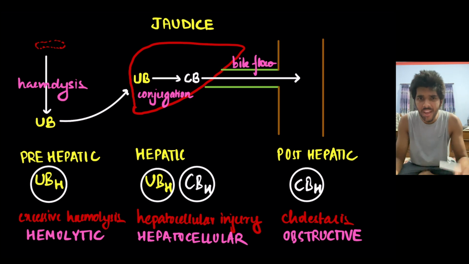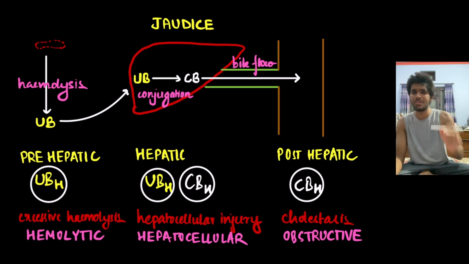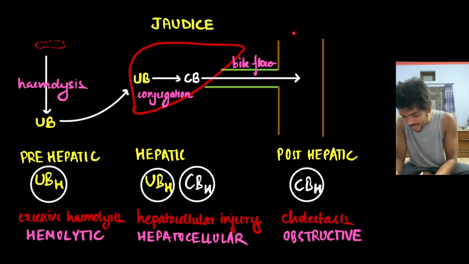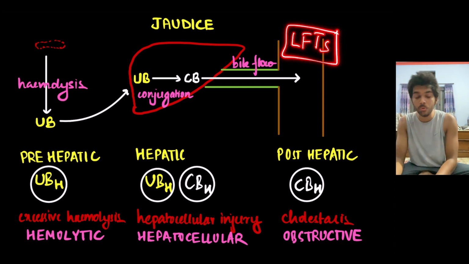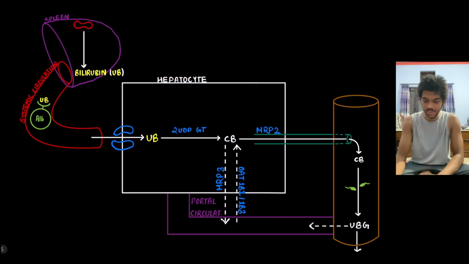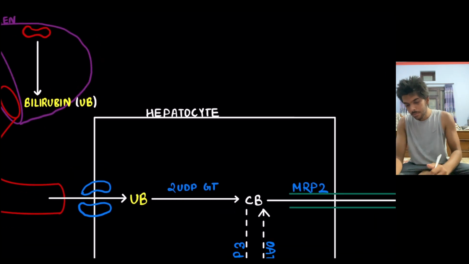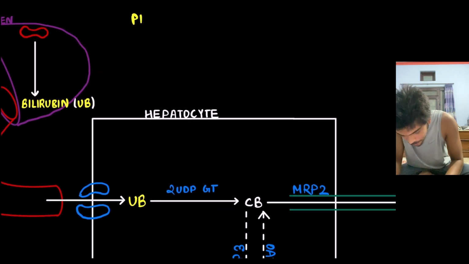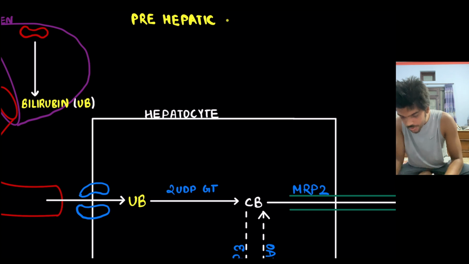Now, a very important topic that you need to know is the liver function tests that will help you distinguish between prehepatic, hepatic, and post-hepatic jaundice. Let's see. Beginning with prehepatic jaundice, which is also referred to as hemolytic jaundice.